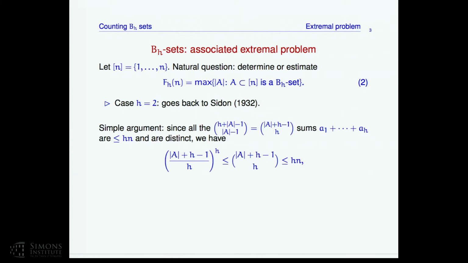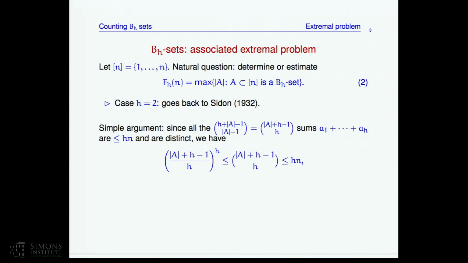All these sums live between the numbers 1 and Hn, or H to Hn. So you have this inequality: |A| choose H is at most Hn, because all these H-fold sums have to be distinct and they live in this universe of size Hn.